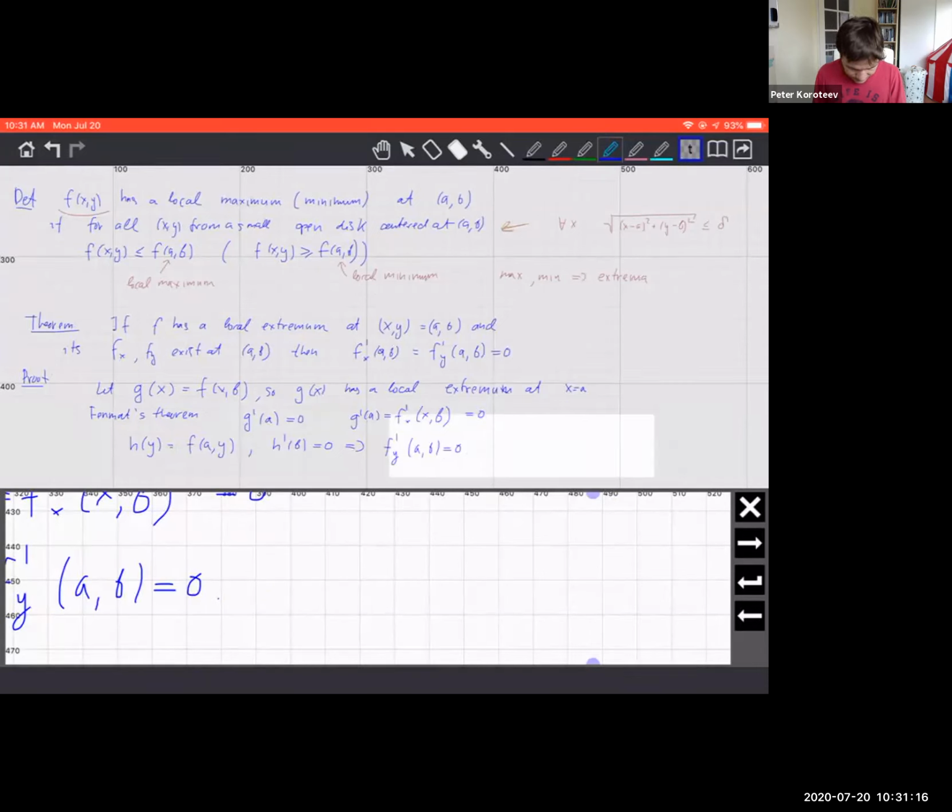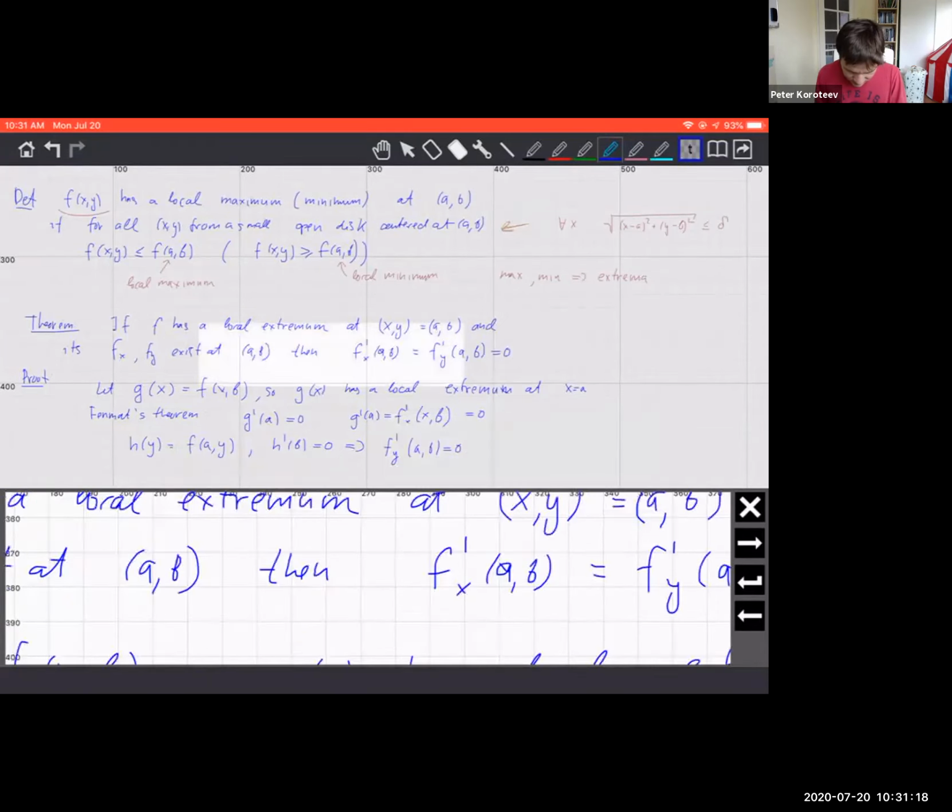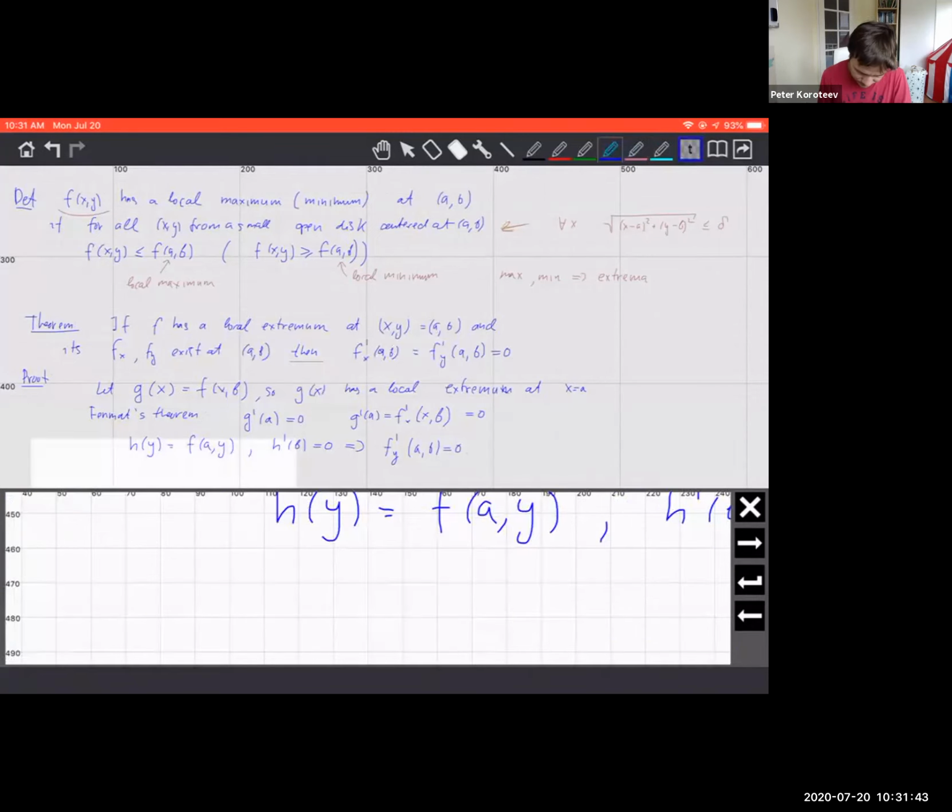Now, it's only a statement in one direction. The opposite statement is not true. So in other words, if you have a function of two variables and at some point two partial derivatives vanish, it doesn't always mean that the function has a local extremum. Can you give me an example?